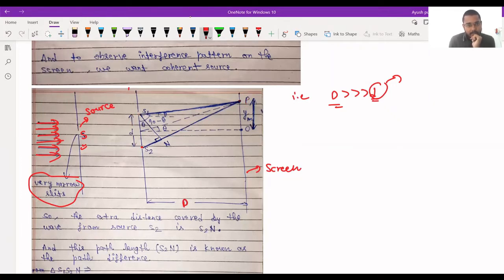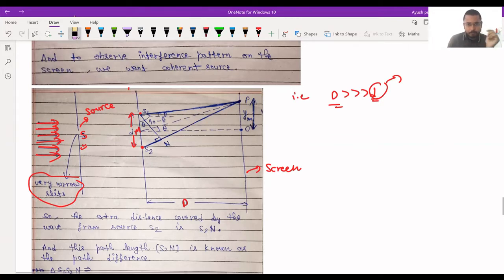The distances S2P and S1P, or let's say this is a point M, the distance MP, these three will almost be parallel, because capital D is very large compared to this small distance. So all these waves coming from the two light sources will be parallel to each other, because the distance between screen and slits is very large.